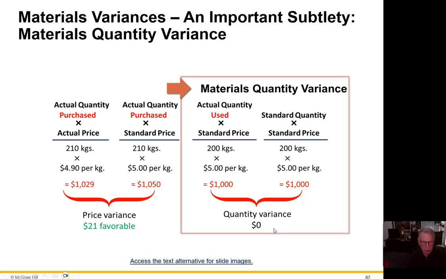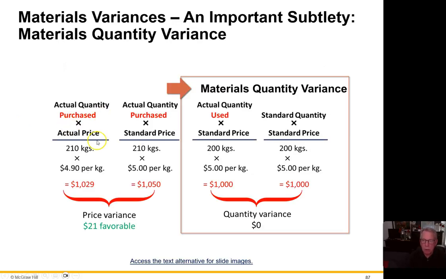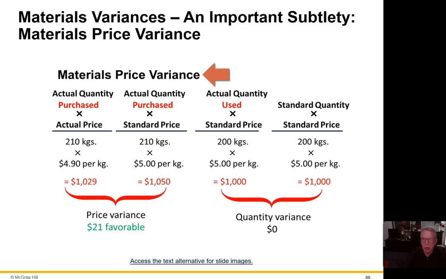Everybody see that? So I come back here, and here is the subtlety. They used 200 kilograms. They purchased 210. So you can see that's what we've done here. And here's what we used here. Very important. Now if I look at that from the standpoint of material price variance, I get the $21 favorable.